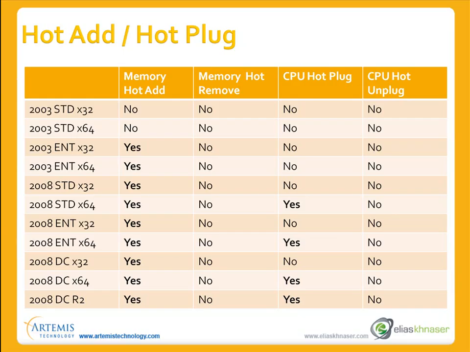Now let's take a look at the different operating systems and which operating systems you can do a hot add and hot plug with as far as the memory and the CPU are concerned. So I've listed the operating systems here on the left, and I've created this column. I'm not going to go through and read all of these for you. You guys can feel free to pause the video and study the table here that shows you what you can and cannot do with the different types of operating systems.